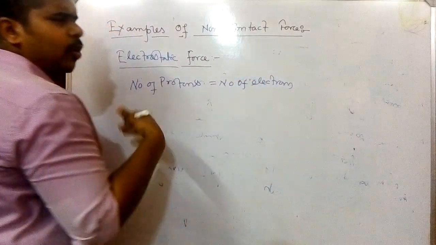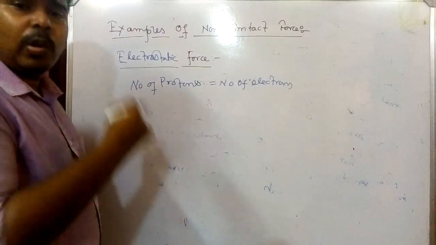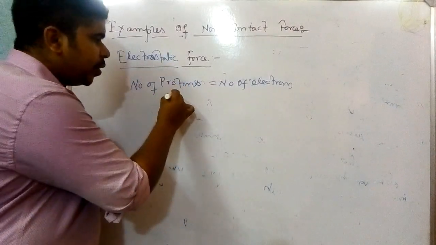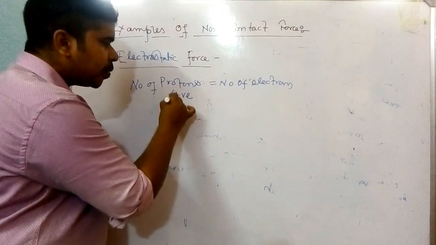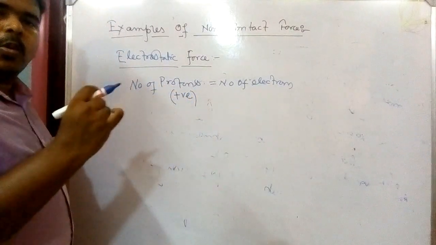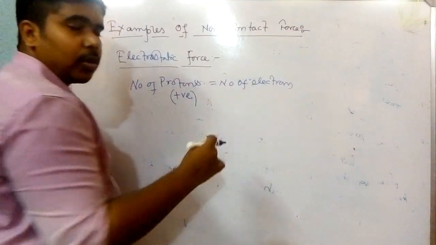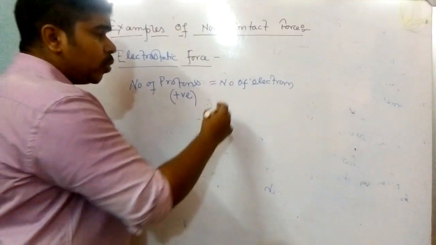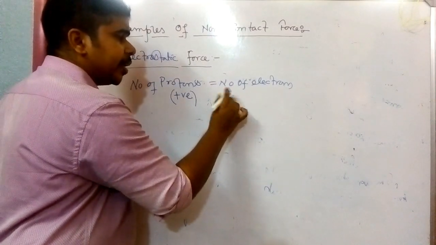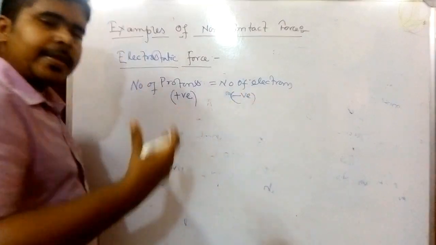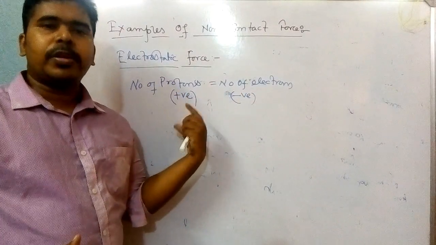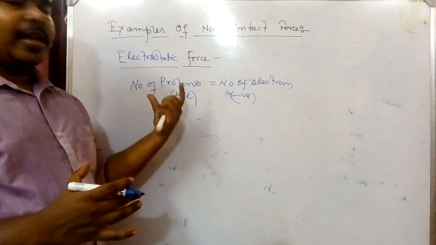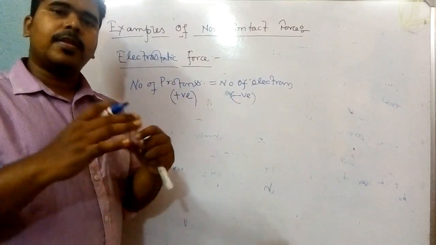Proton is a particle with a positive charge, and electron is a particle with a negative charge. Inside the body there are equal numbers of positive and negative charges, and that's why the net charge of a body is 0.